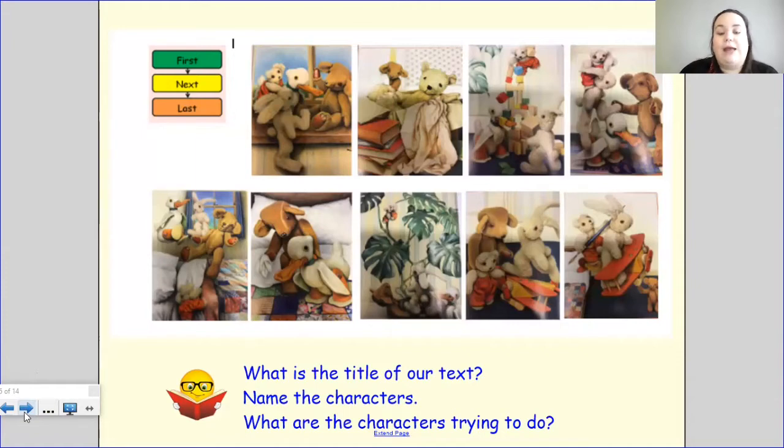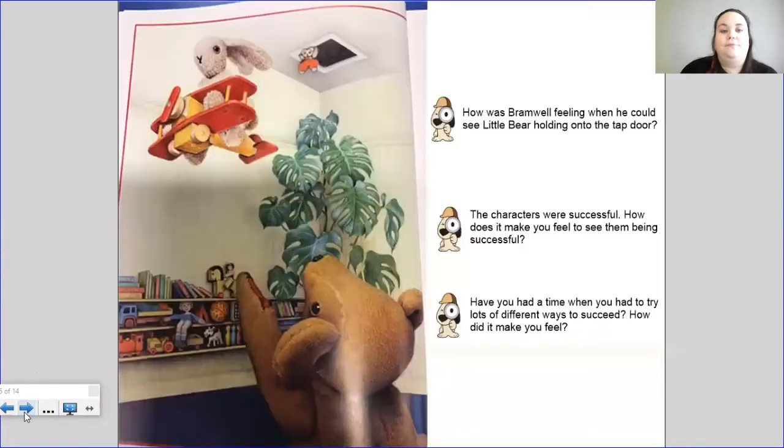Can you name all the characters? What are the characters trying to do? And here's a picture after Rabbit and Little Bear went off on the wooden aeroplane. You can see that Little Bear has managed to get up on top of the trapdoor.